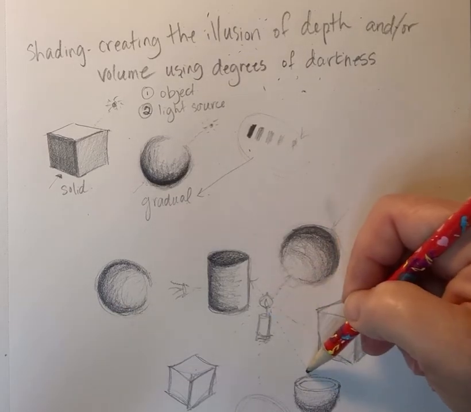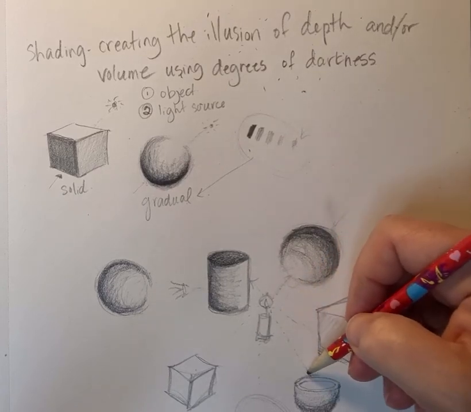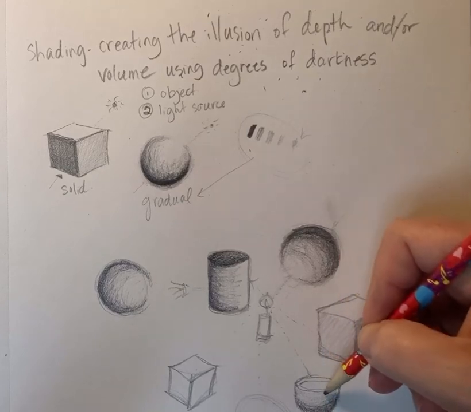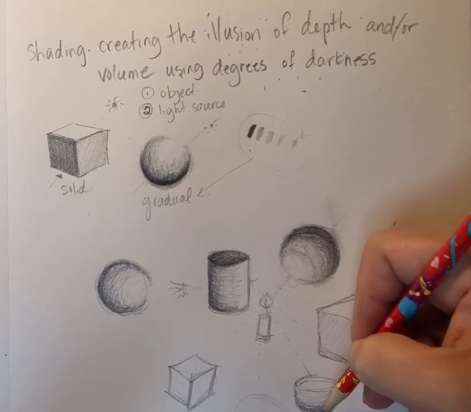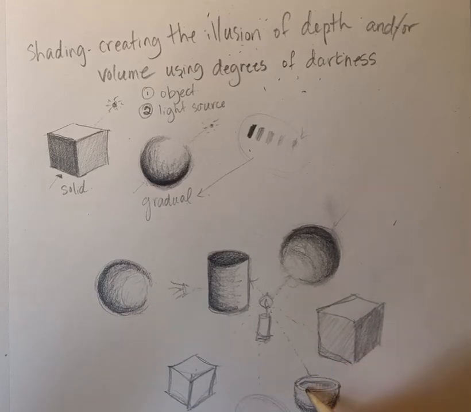If this was the actual inside of a bowl, notice that this light source is going to come and it's actually hitting the inside of this wall. So this part is actually going to have some shading in it, while the top stays light because the sun, or the candle light source, whatever your light source is, is hitting it right from the top.